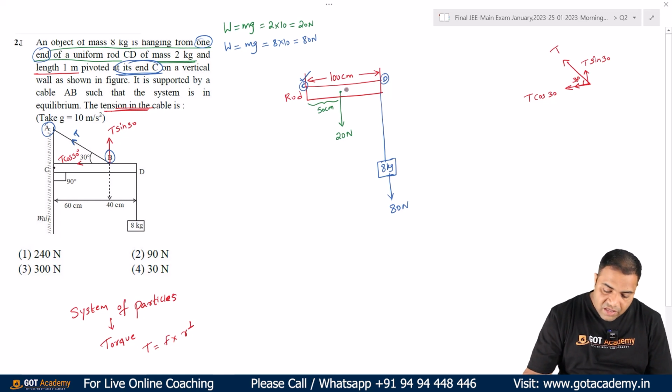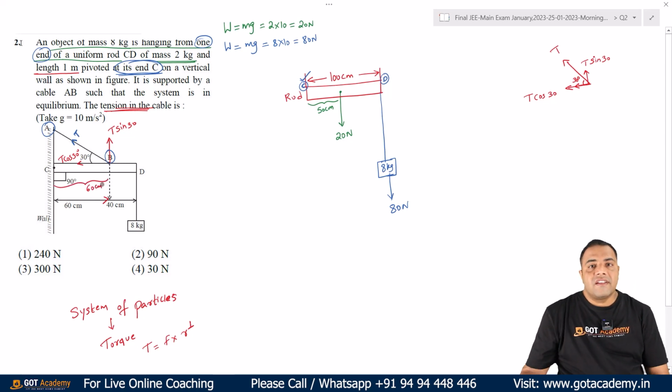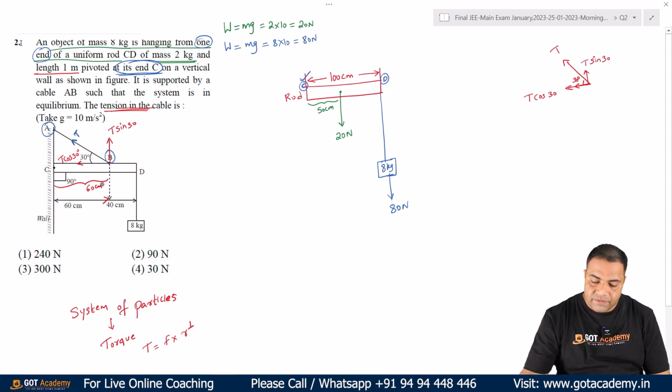So now I am coming back to this. This tension is acting as per the given question. It is at a distance of 60 centimeters from point C. From here to here, how much is it? Distance of 60 centimeters from point C. So now I have to show you that.